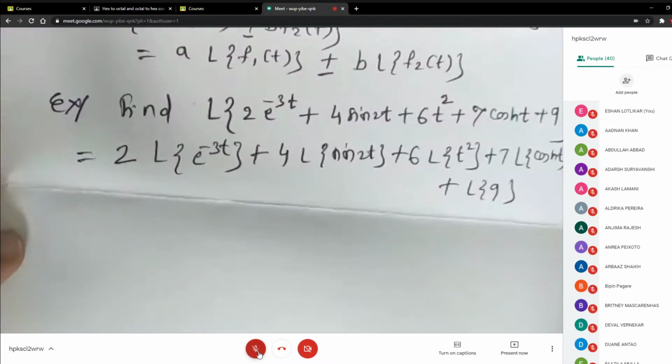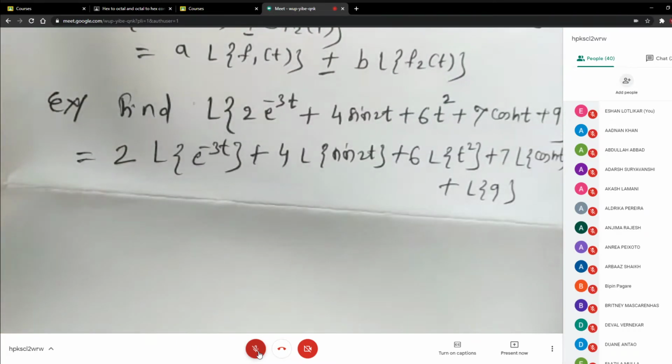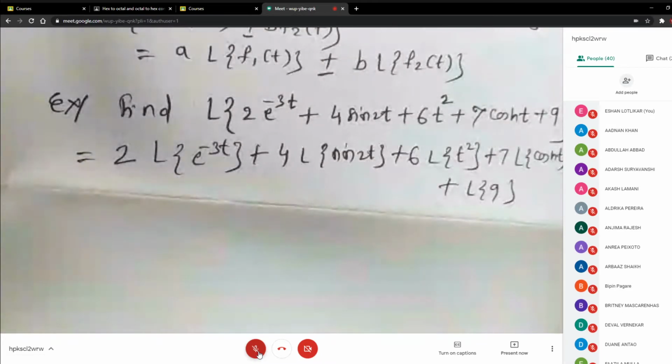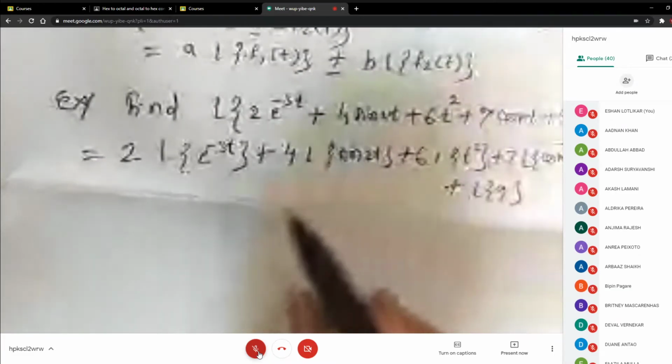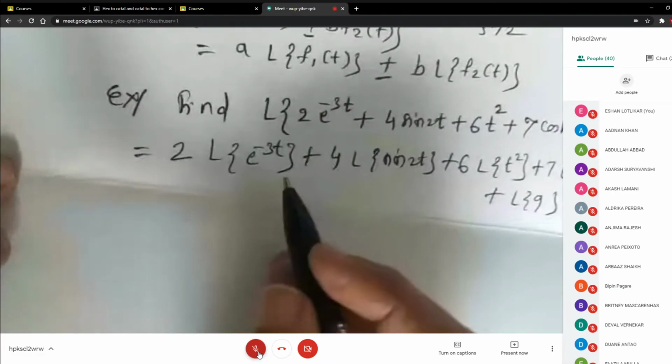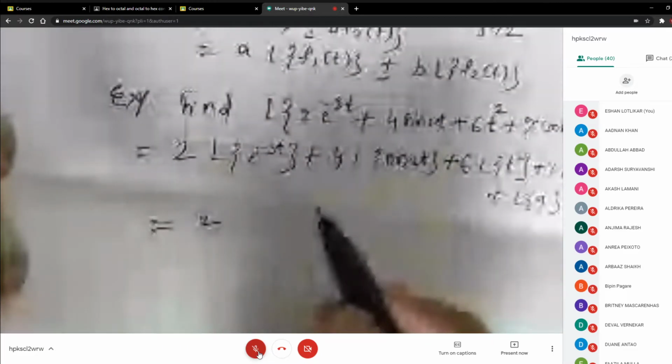Correct? Directly you can write because it is an independent constant. Is that clear? I have just separated the terms by taking out the constants. And now it will be 2 times.